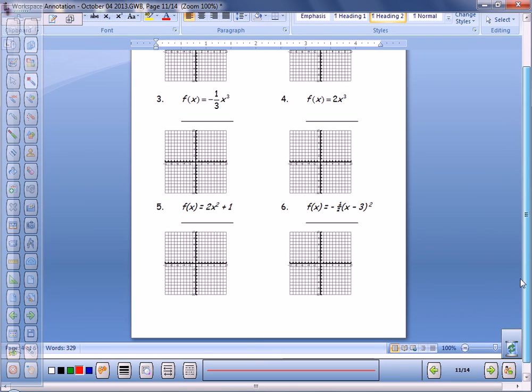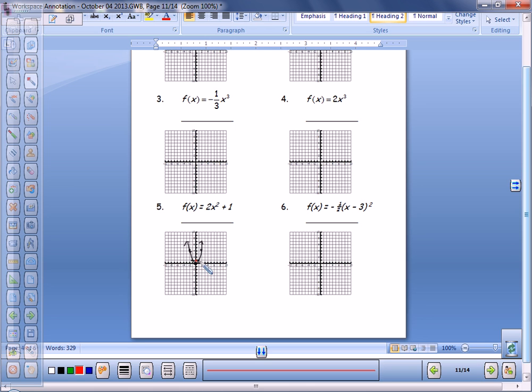Okay, let's look at the last two. This one was y's are doubled and shifted up 1. So the parent graph is here. You should just be able to copy this out of your packet. I'm not asking you to memorize the parents. Those are the points on the parent graph. So we're going to double and shift. Double 0 is still 0, shift up 1.